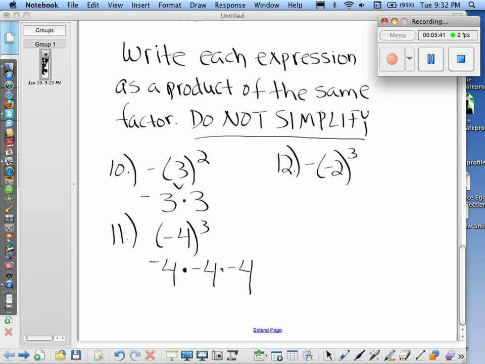The next one, again, that negative sign is on the outside, but we're repeating this part 3 times. So that's all we had to show there. We didn't need to simplify it yet, just showing what it means.